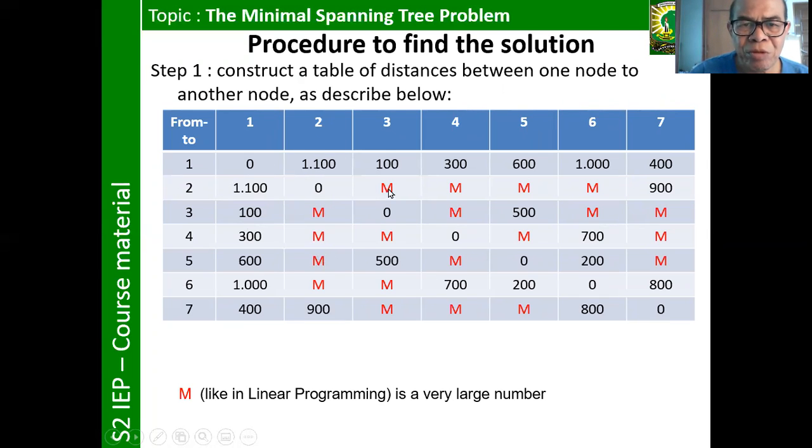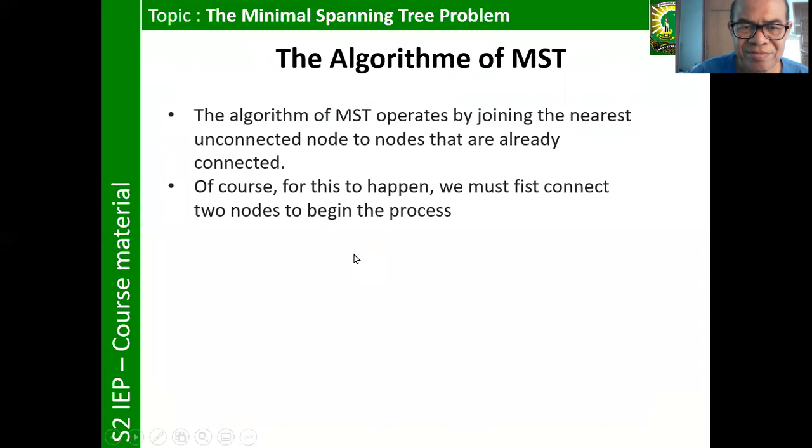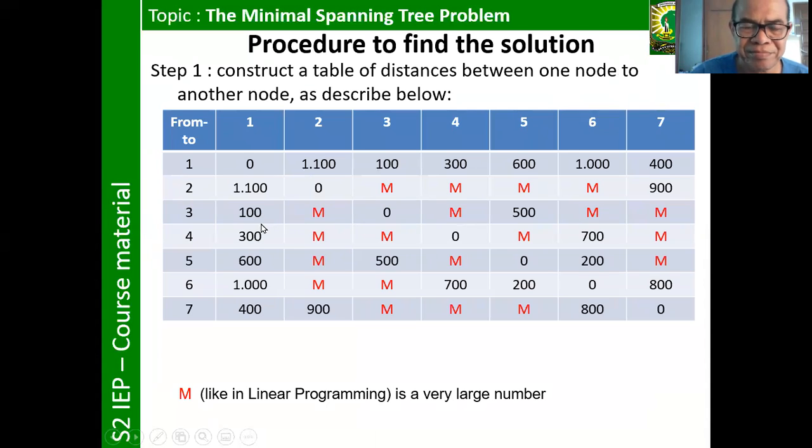We use M to indicate there is no connection, a very large number. All other numbers indicate the distance in the network. So this is the first step.